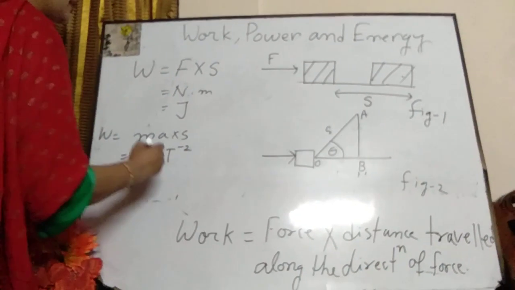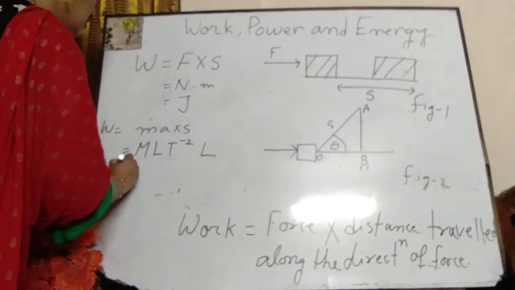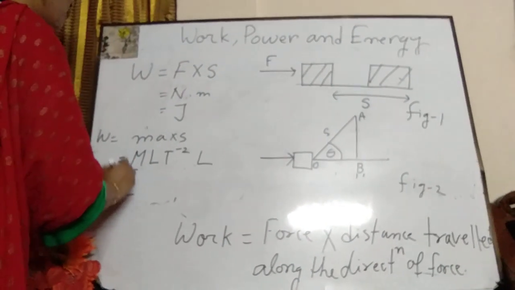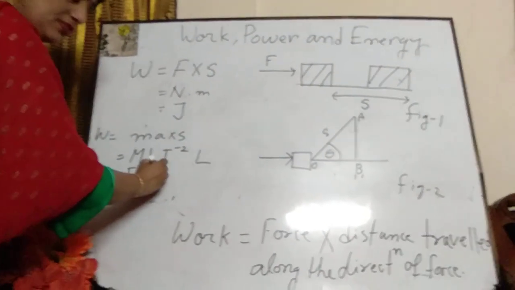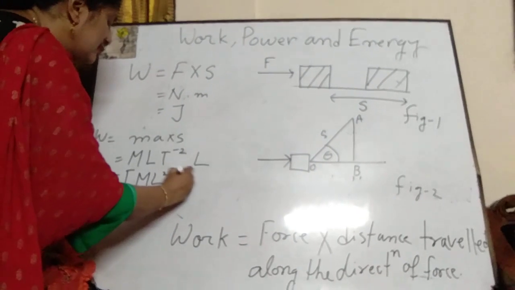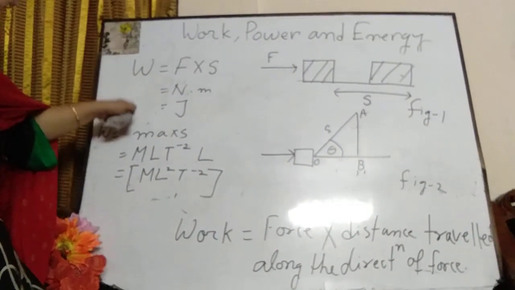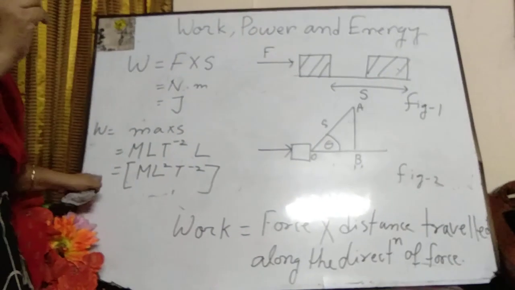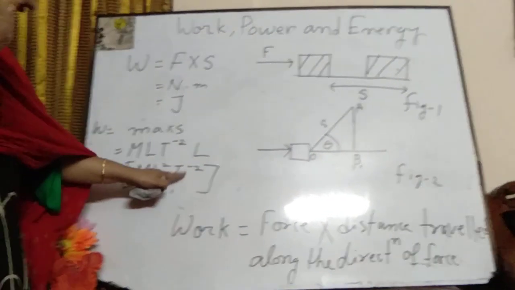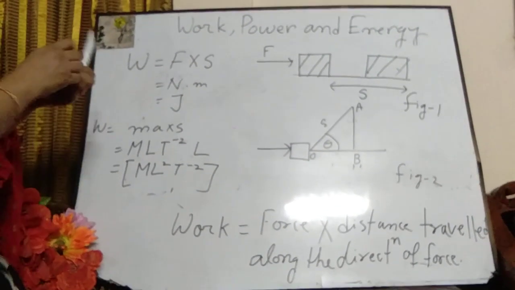S, that is displacement, its dimension is simply L. So the dimension equation of work is M L square T inverse 2. So we get that the unit of work is joule and the dimension of work is M L square T inverse 2.